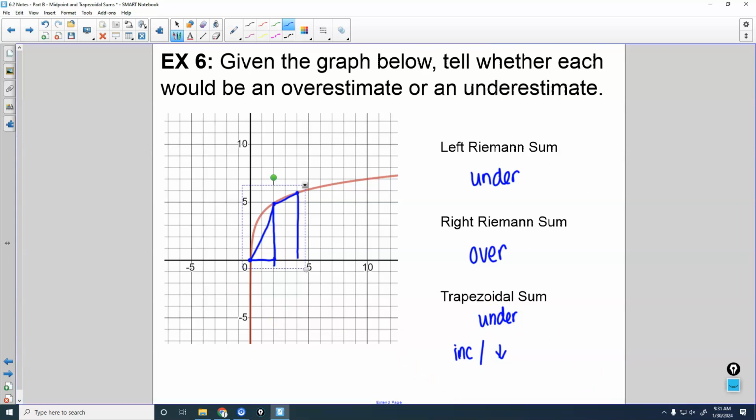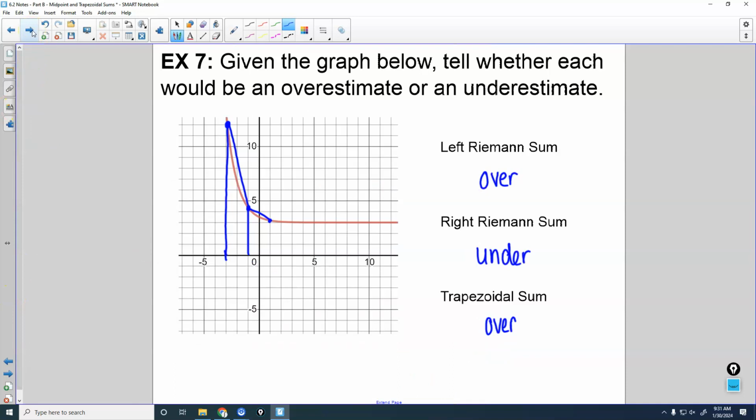For 7, we were decreasing concave up, we had an overestimate. So at this point, it's a little hard to tell. Either concave up is the overestimate or it's the opposite of increasing, decreasing. We need more information, right?